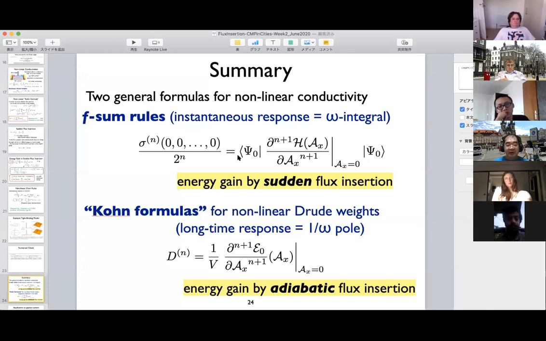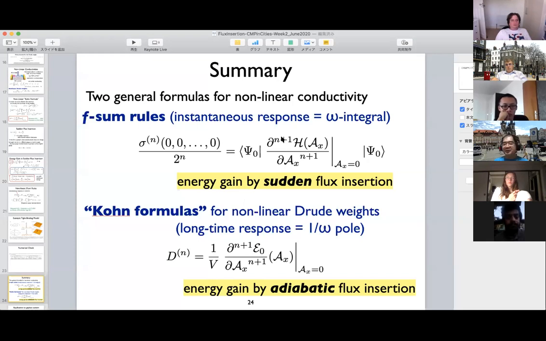Maybe I need 1 over V here. Anyway, very similar, but their meaning is different because in the Kohn formula, you need to find the energy eigenvalue as a function of flux or vector potential, then take the higher order derivative.